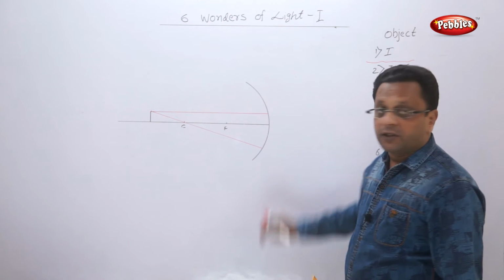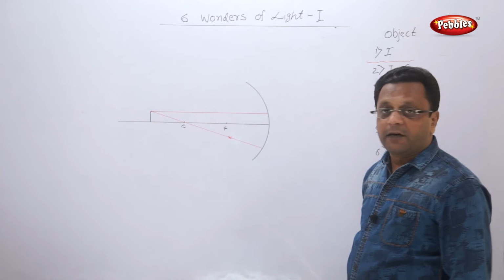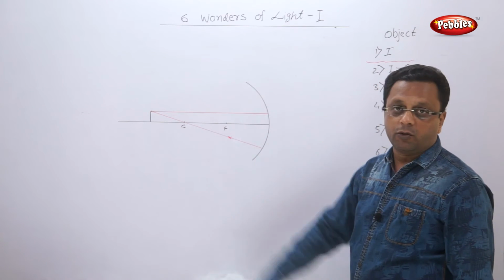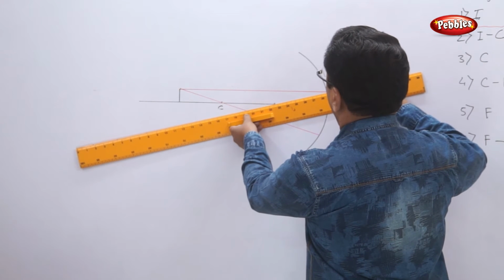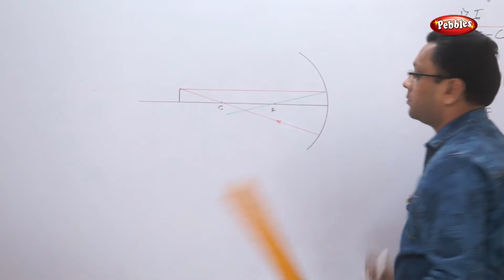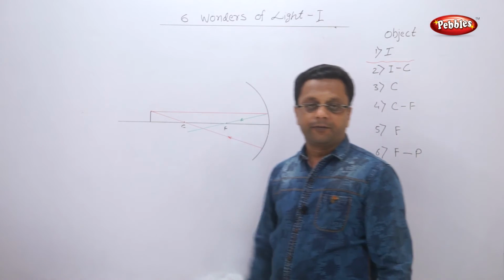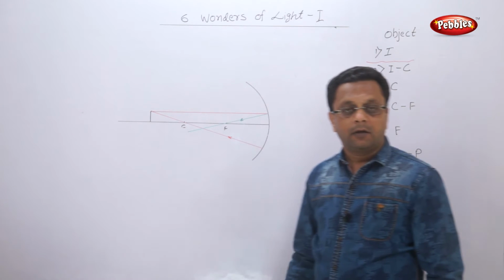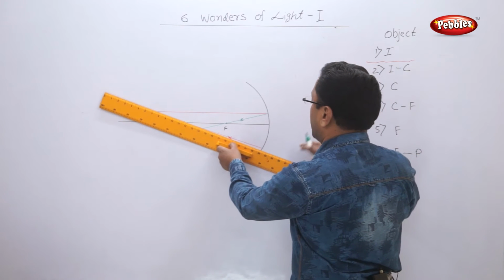Now, after incidence, what will happen? This ray will reflect back in the same direction, but the parallel ray will pass through F. So the parallel ray's reflection is through F. The ray passing through C will bounce back.